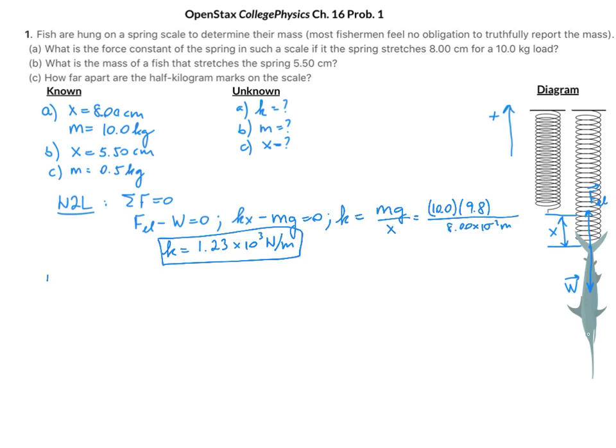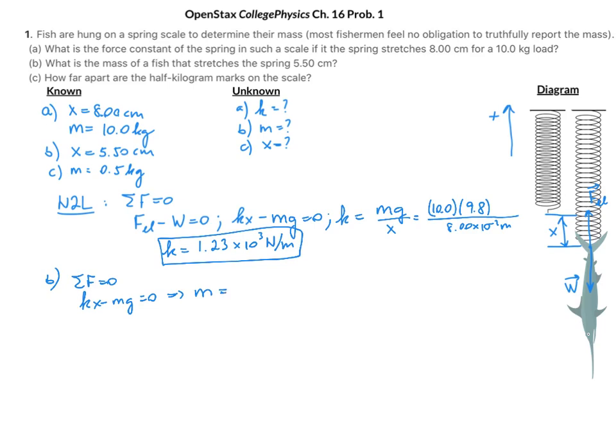Now in part B, I'm looking for the mass of the other fish, or the next fish. So I still start out with Newton's second law, sum of the forces is equal to 0, and then I have kx minus mg equals 0. But now I'm solving for the mass because now I know the spring constant.